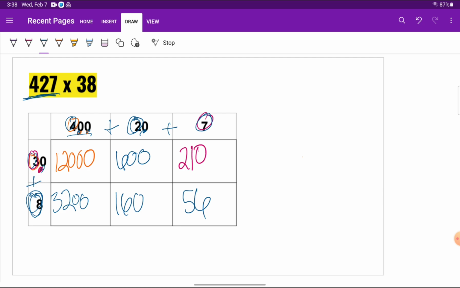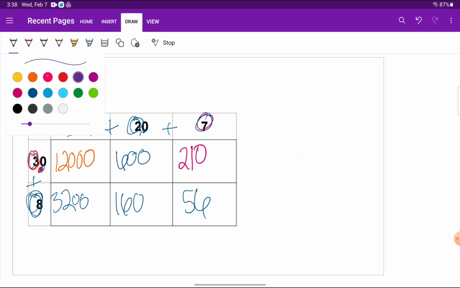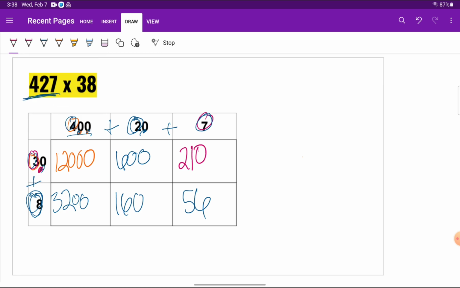Now I could just add all 6 of these numbers together, but that kind of turns into an excessive amount. So if I look ahead, these were hundreds, these were hundreds. So if I add those together, I get 3,800. These were tens, add those together, 370.